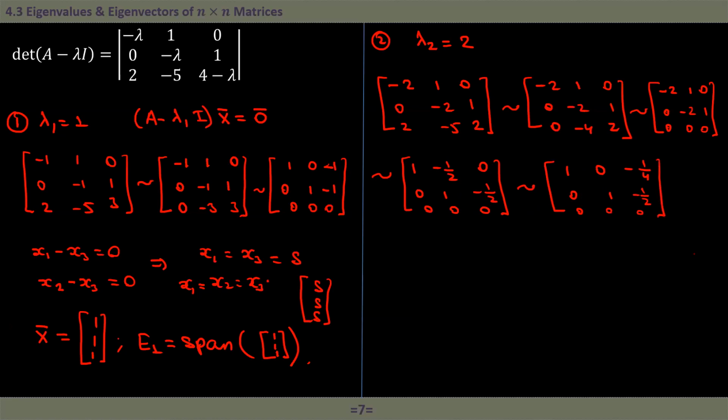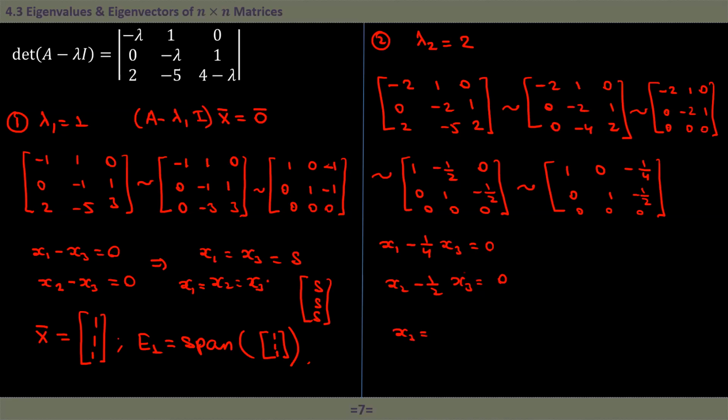Okay, so now we can write the corresponding system here. So here we have x1 minus 1 over 4 x3 equal to 0. And here we have x2 minus 1 over 2 x3 equal to 0. So here we have one free variable, so I can just take this x3.